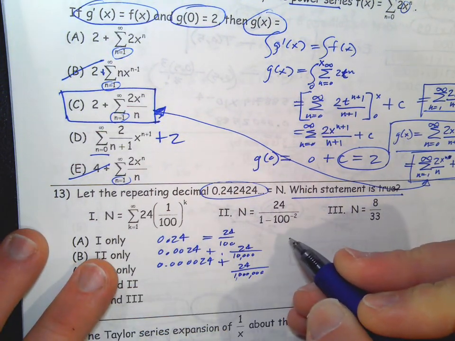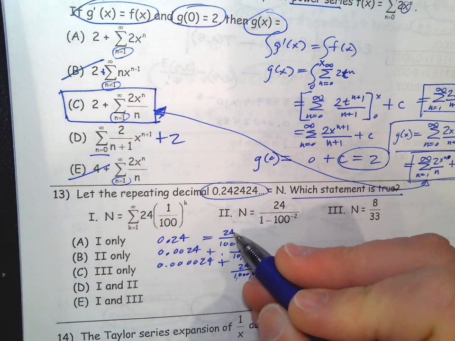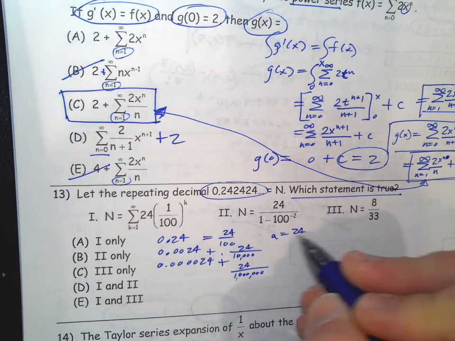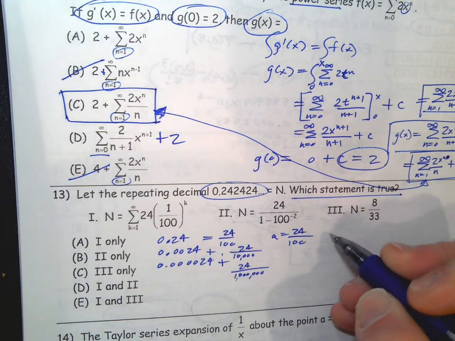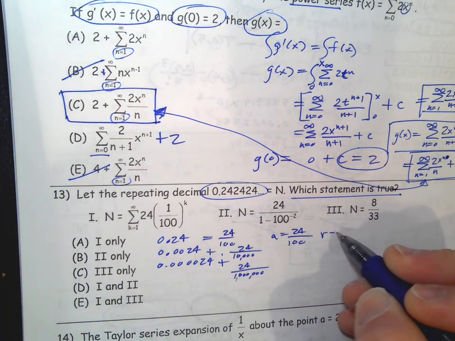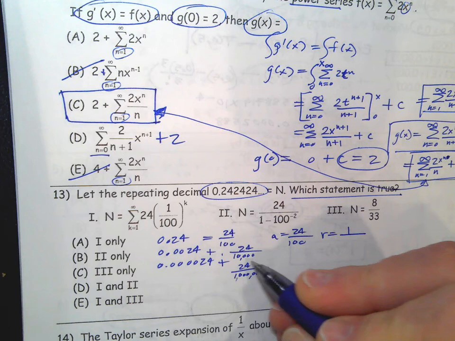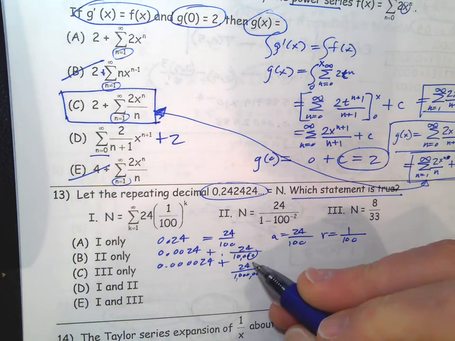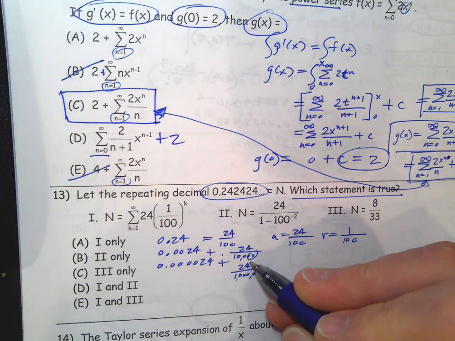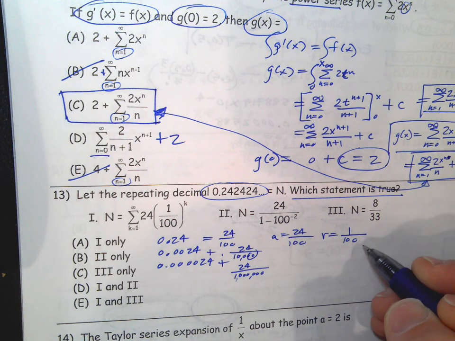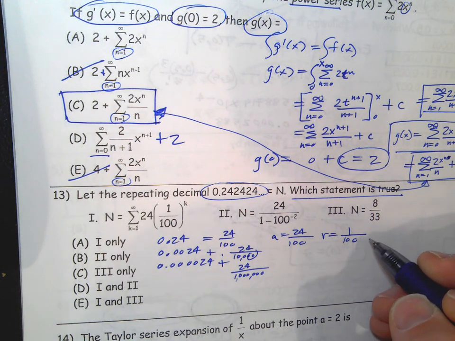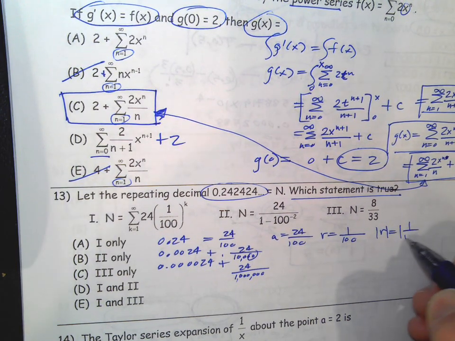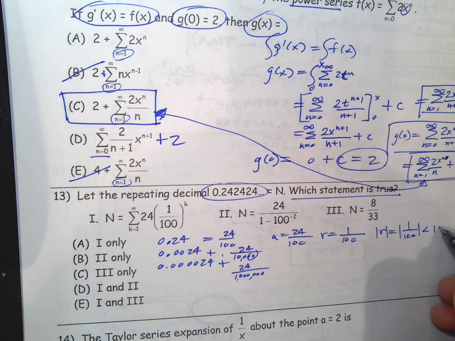So the first term is 24 over 100, and the r value is 1 over 100, because we're just adding 2 zeros to the end of the previous one, which is the same as multiplying by 1 over 100. The absolute value of r is less than 1, so it converges.